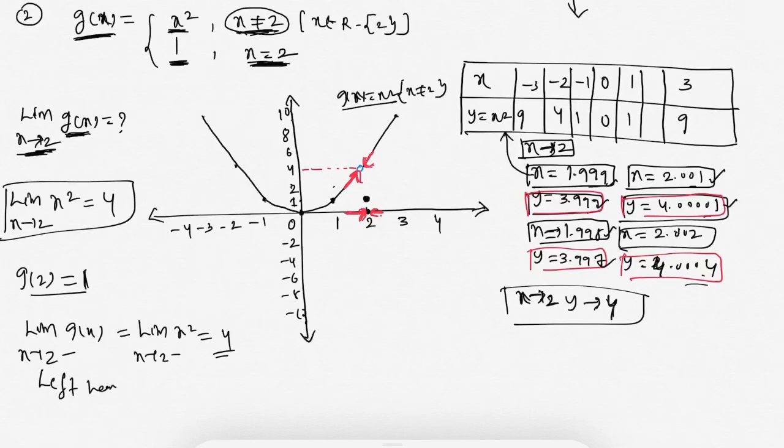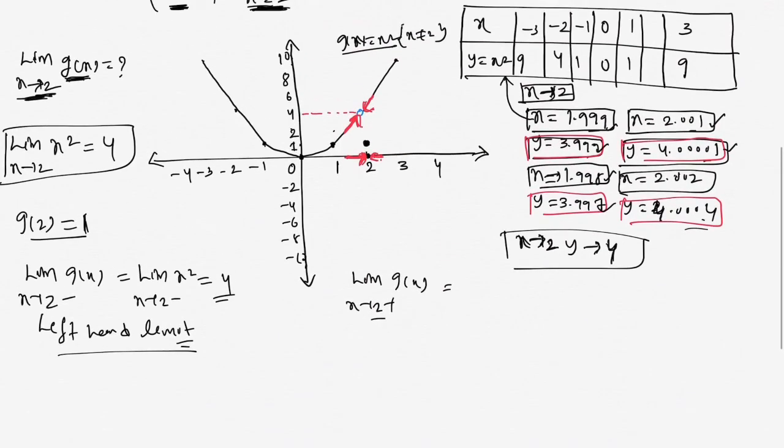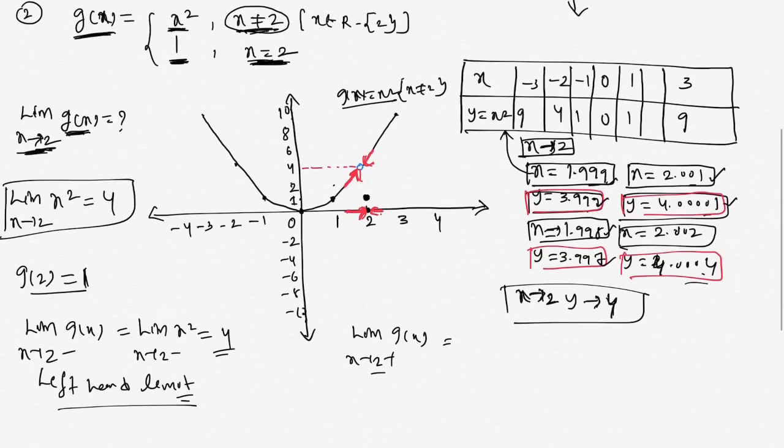Similarly, right hand limit means limit x tends to 2 plus g of x. X is approaching from the right hand side. If x is approaching from the right hand side, then g of x is approaching how much? 4 only.